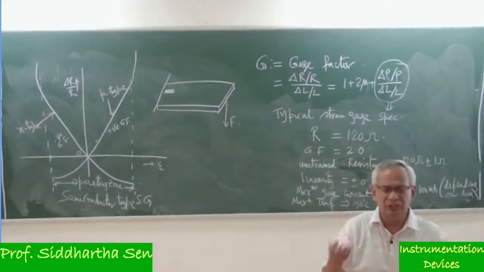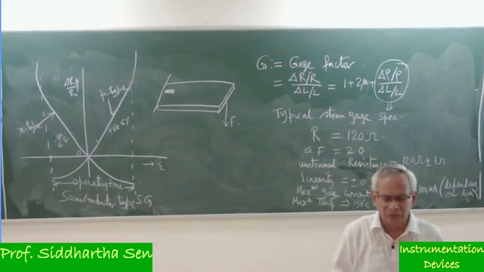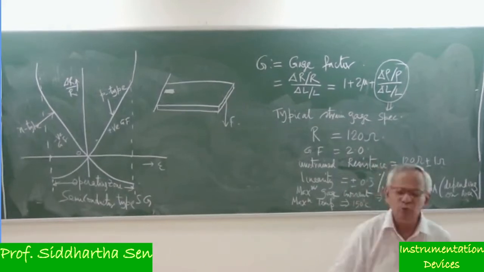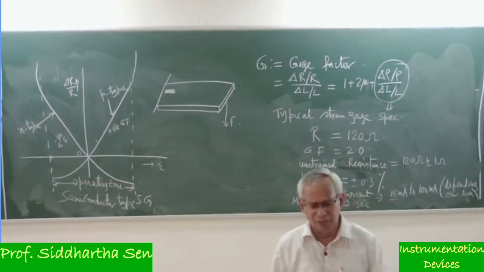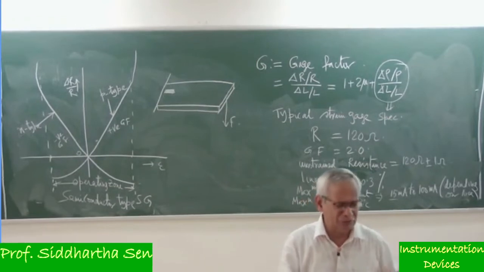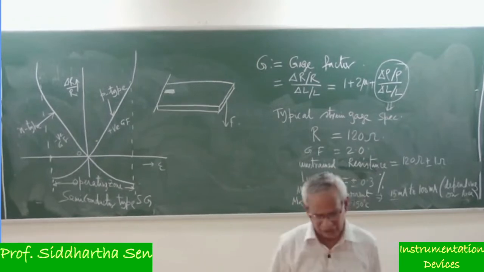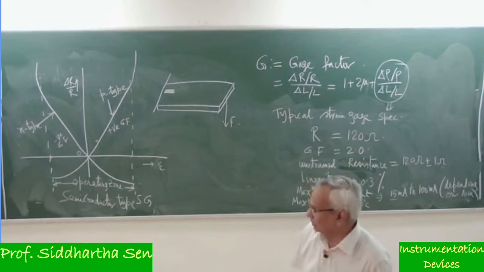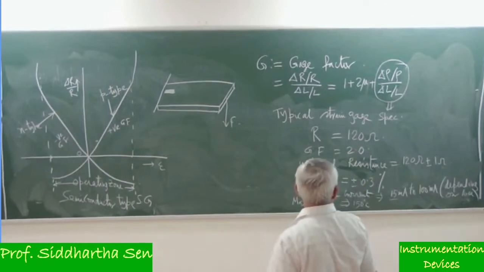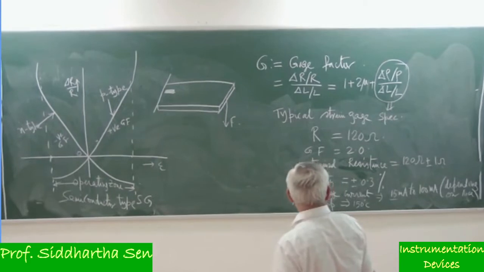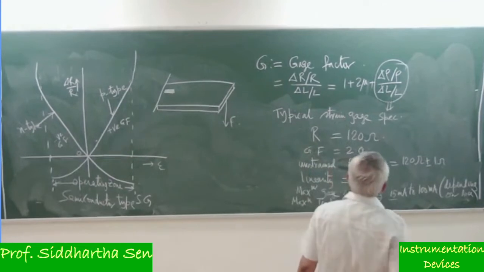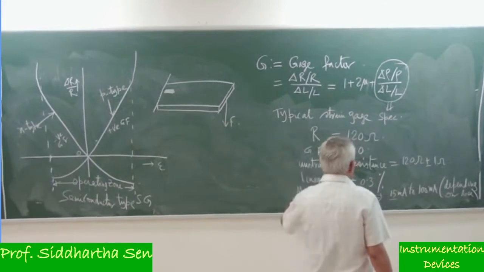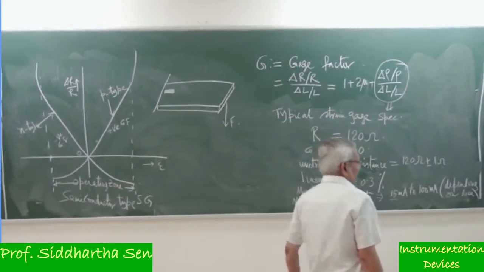So if the temperature goes high, the glue may loosen, and naturally the strain may not be transmitted to the strain gauge properly. So this is important. The glue characteristics may change. But I am telling you the typical specifications we look for, and these are the things I can tell you.